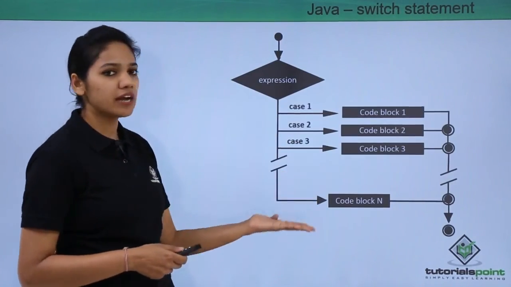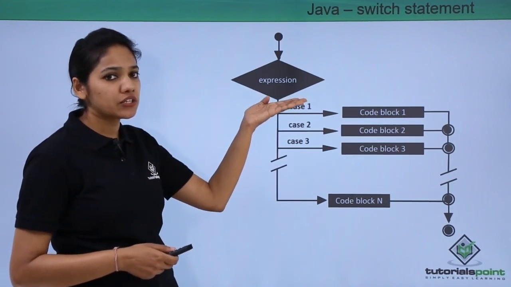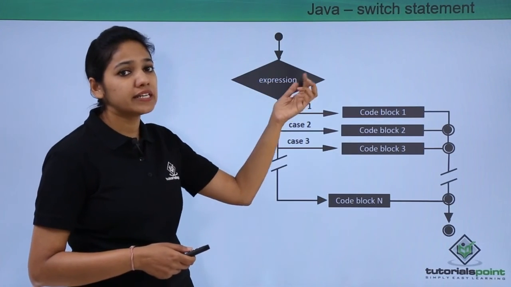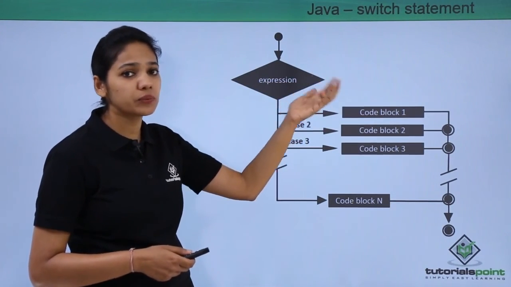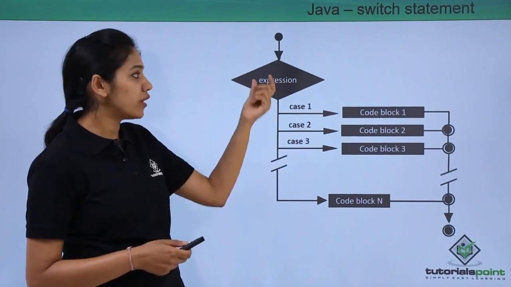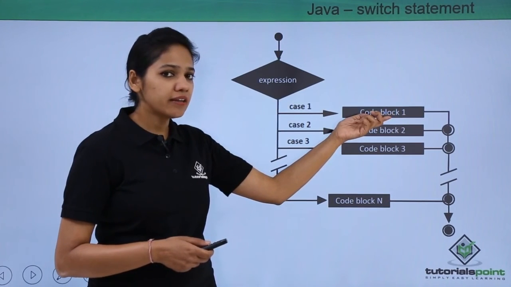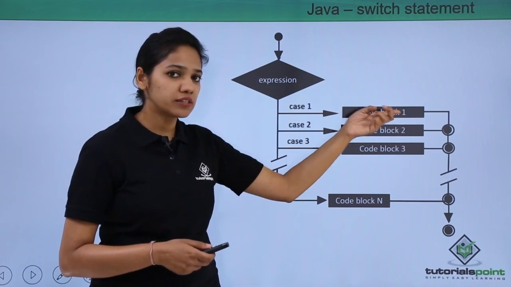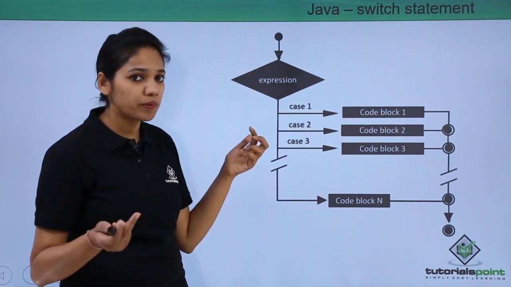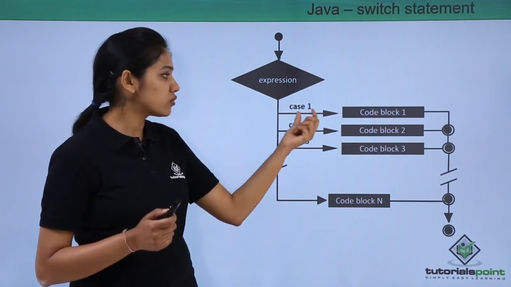Before that, here we have provided a graph for our better understanding. It says that the expression, that is, if grade is equal to A. So we see if the student is A, B, C. If it is A, it will go and check case 1. Is it A? Yes. It will execute this code. If we are checking for B, for example, first it goes to case 1.